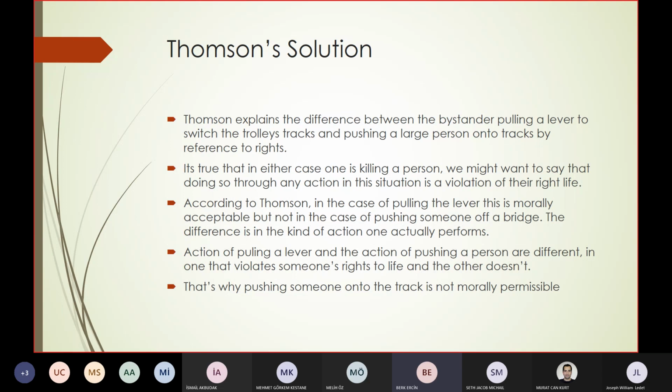On the other hand, pulling a lever to make a trolley switch track is not itself an infringement of the right of anybody. Bystanders could flip the switch and turn the trolley, and there could be no one on the track. The action of pulling the lever and turning the trolley by itself doesn't infringe a right. So pushing a person violates a right, but pulling a lever does not. That's why pushing someone onto the track is not morally permissible.